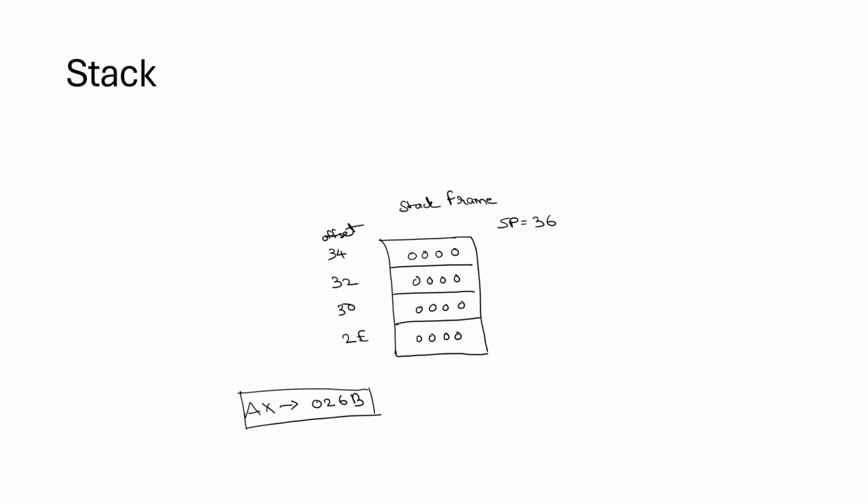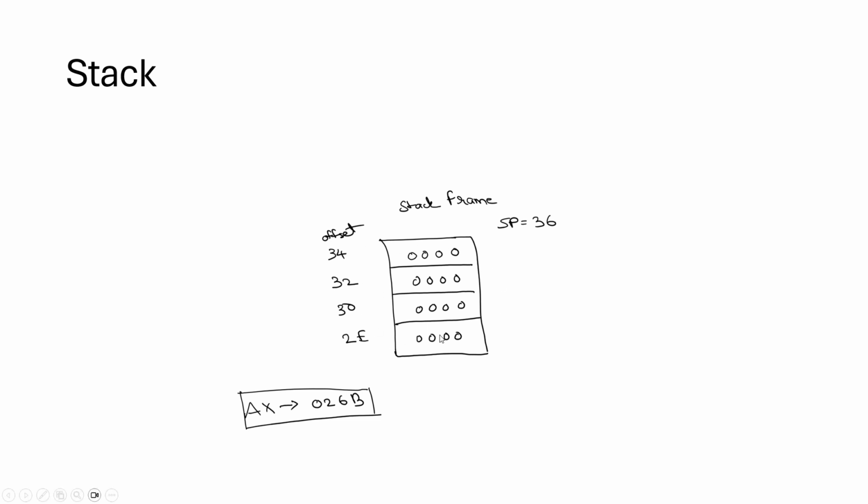So according to the example we have here on screen, we have the stack pointer pointing at 36. Initially the stack is empty and looks something like this. Here we have the offset values. The segment address of the stack in the SS does not concern us here.